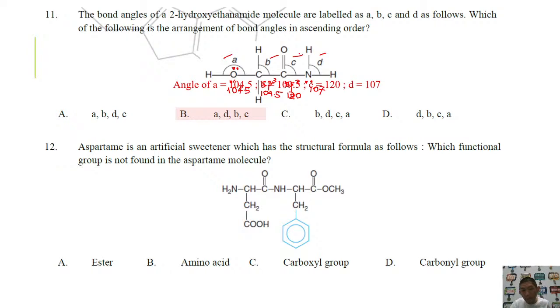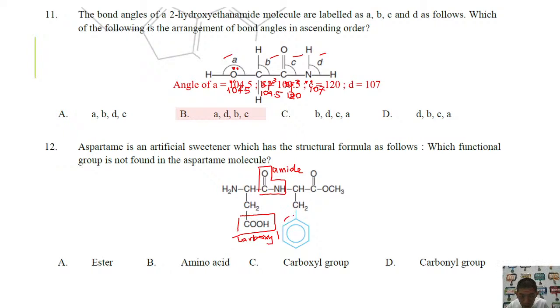Okay, then we go to question number 12. Aspartame is an artificial sweetener which has the following structure. Which of the following functional groups is not found inside here? So in here you have to be very good at identifying what are the functional groups present in the molecule. Aspartame, this one is a carboxyl group. Then this CONH, you must know by yourself that this is an amide.